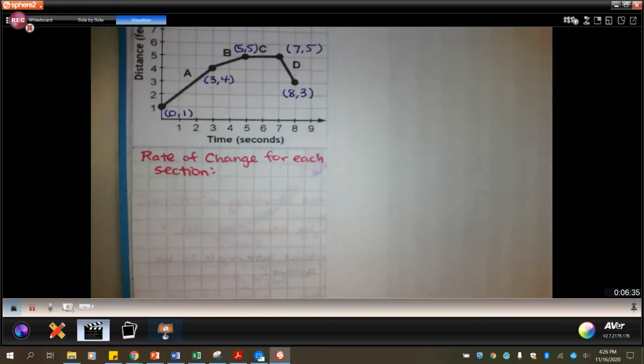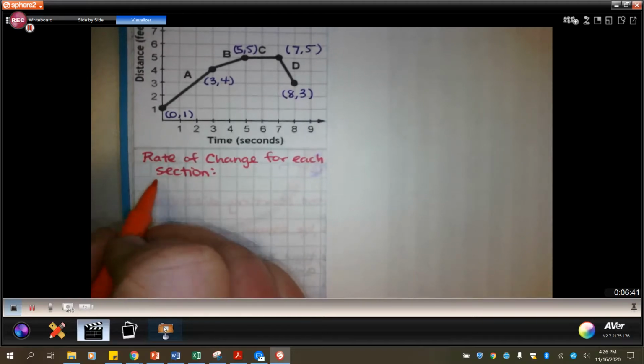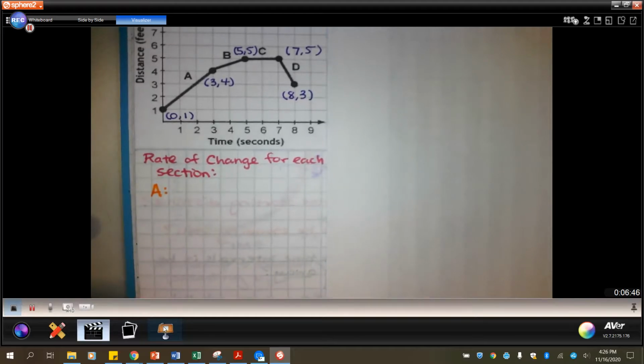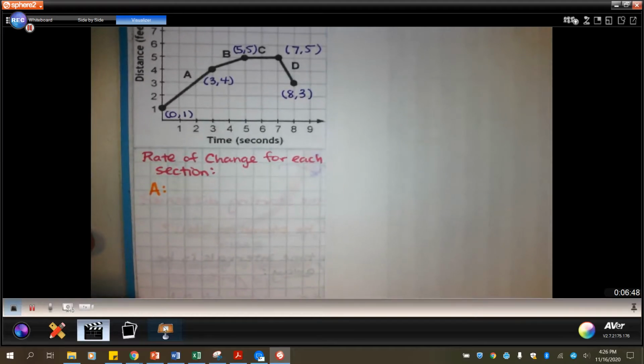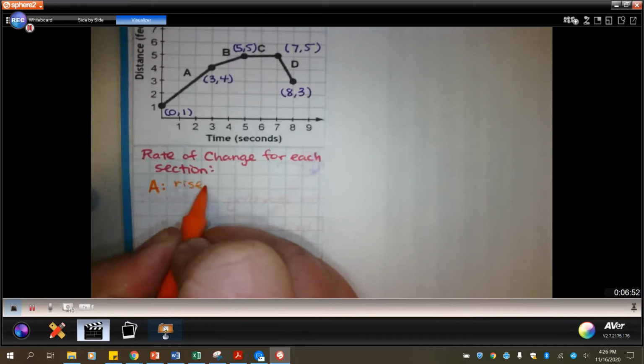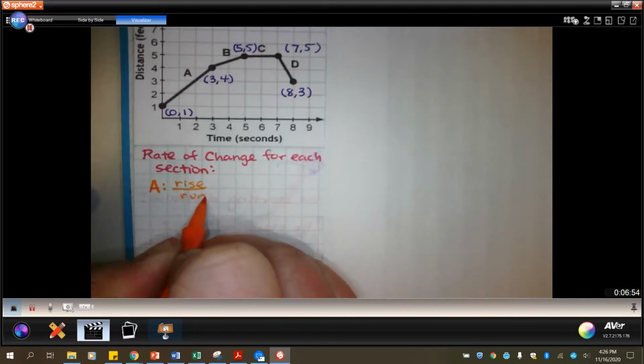But for graphs, I like to say rise over run. And remember, rise can actually be down, which is confusing. But okay, so for A, I'm just going to put a colon, because A is not a number, it's just a section. So we have rise over run.